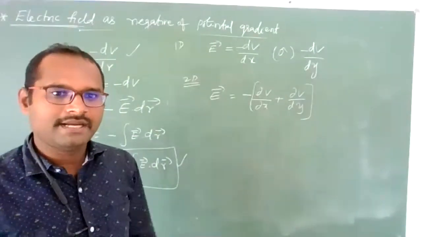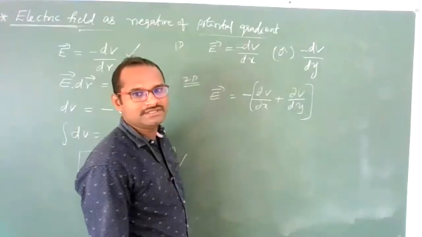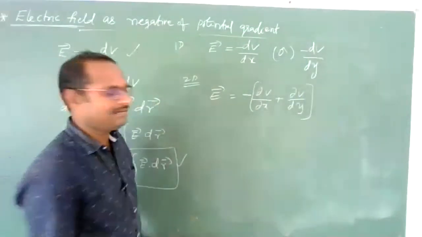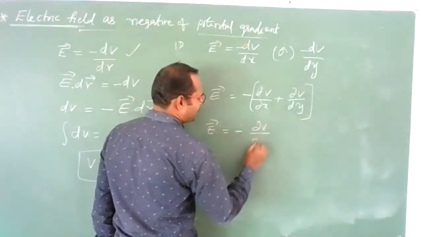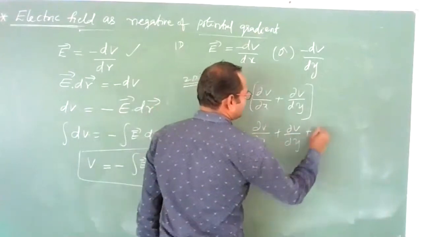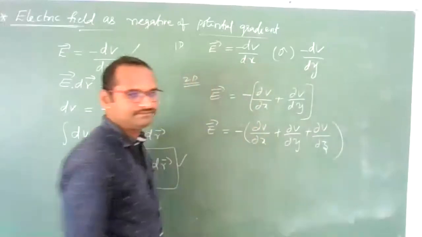However, in maths also you will do this. In a three-dimensional case, sometimes the potential depends upon the x, y and z axes. At that time, electric field can be written as minus dou V by dou x plus dou V by dou y plus dou V by dou z also. You need to remember this.